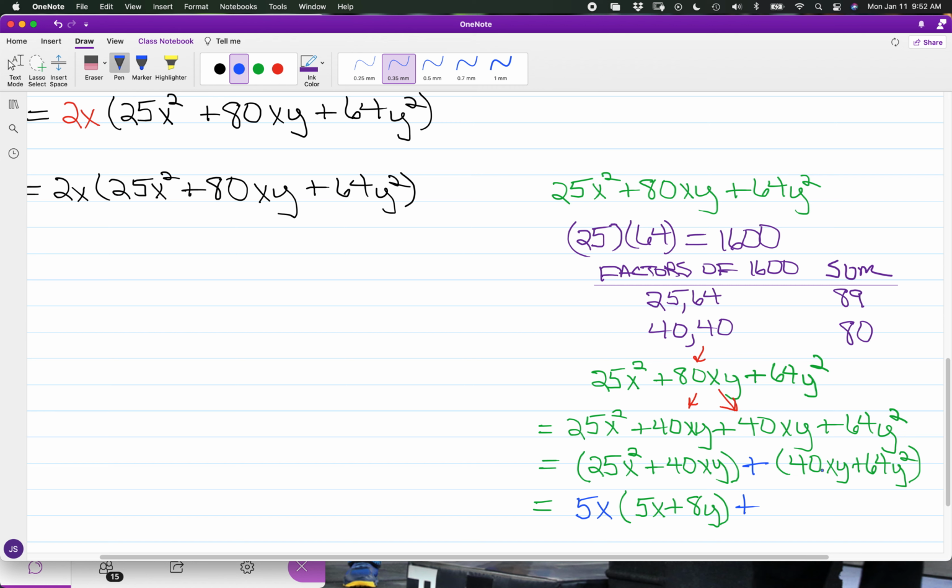Plus, and 40xy plus 64y squared, now the greatest common factor, that will be 8y. And into 40xy plus 64y squared, we're going to have another 5x plus 8y.